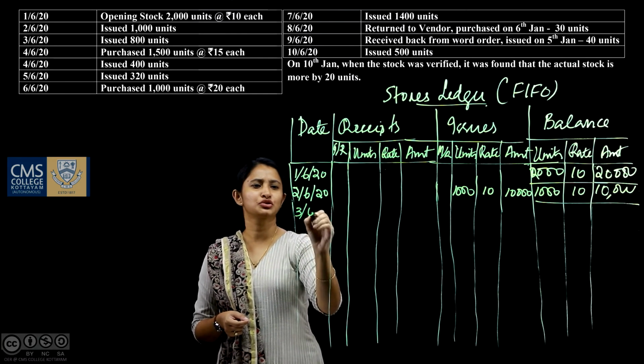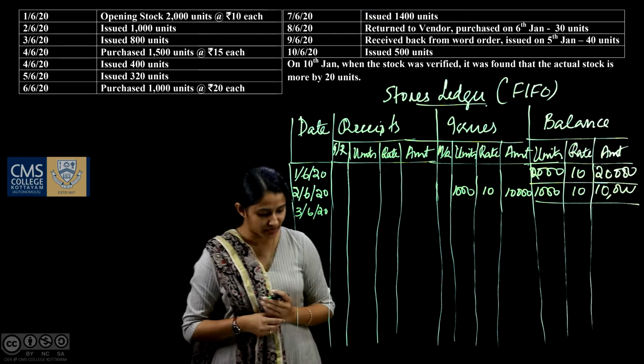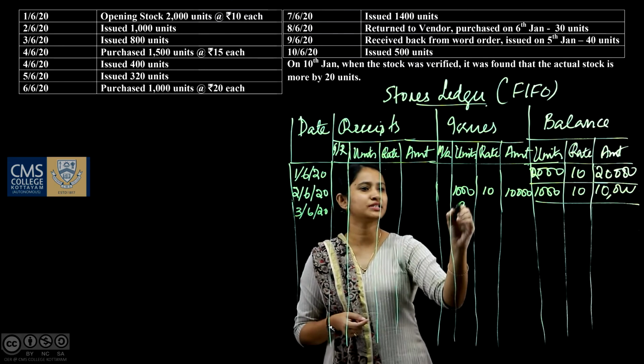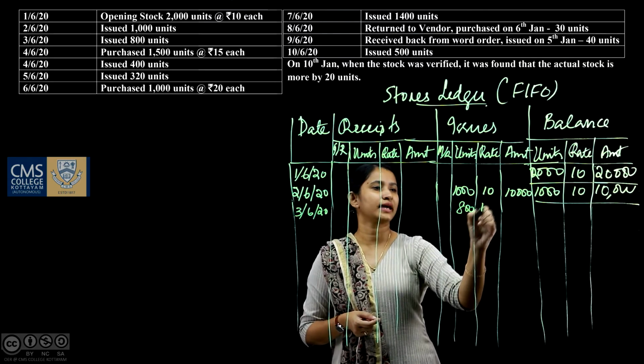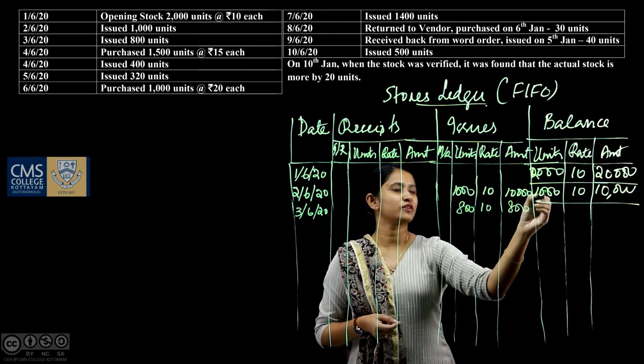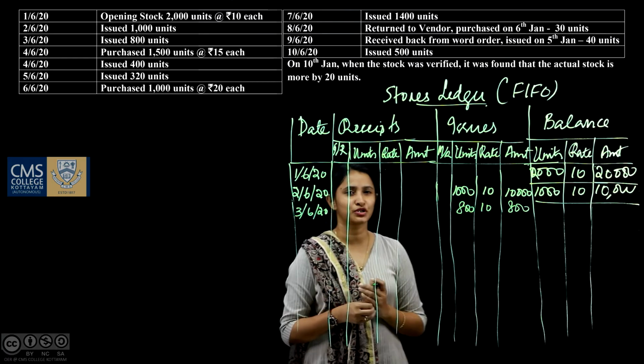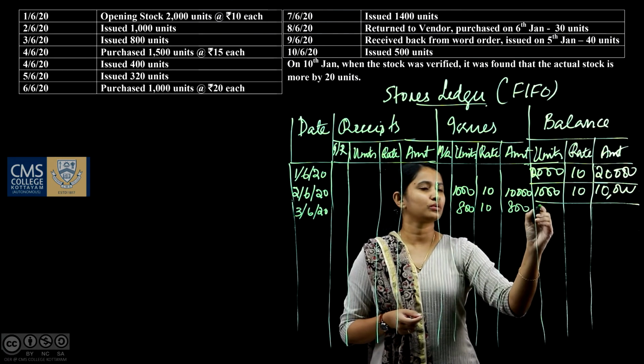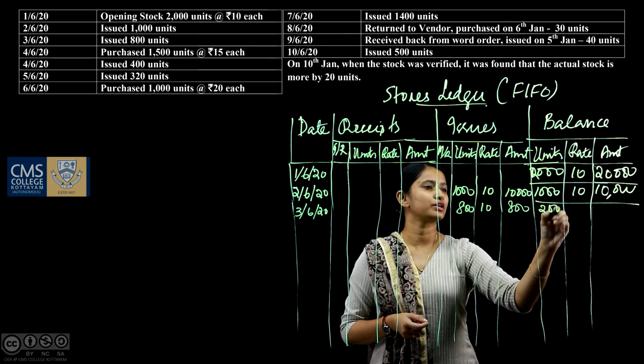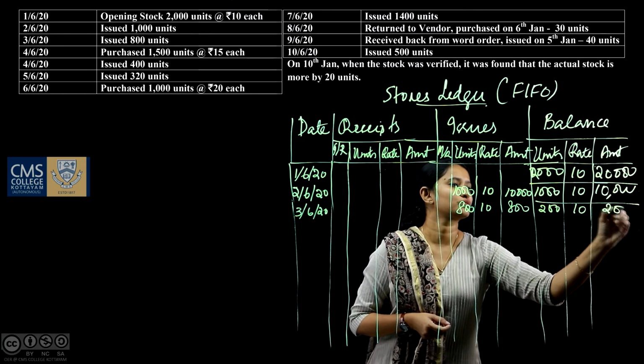Then on 3rd June, again the production department has asked us for 800 units, again at 10. So we have taken 800 units out of the 1000 units in balance. So on 3rd June, our balance is 200 units at 10, 2000 rupees.